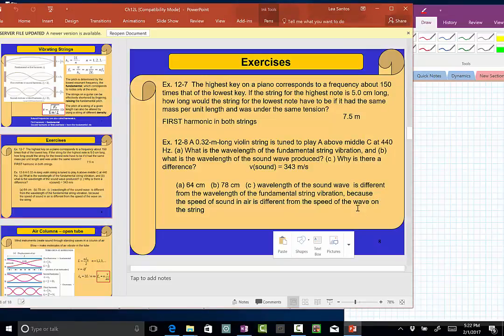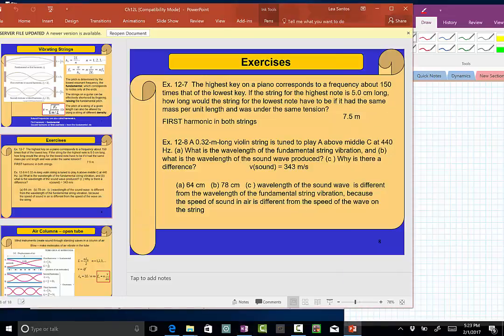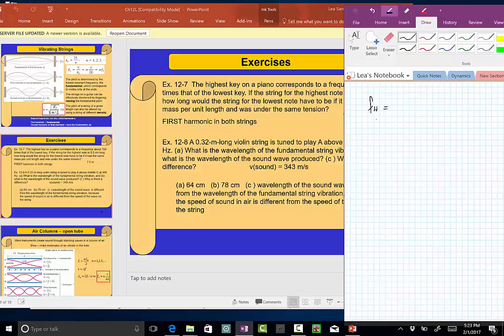They say, look, the highest key on a piano, so the highest meaning the one with the highest frequency. So let's write this here. The highest frequency is 150 times the lowest key. So the highest one is 150 times the lowest.